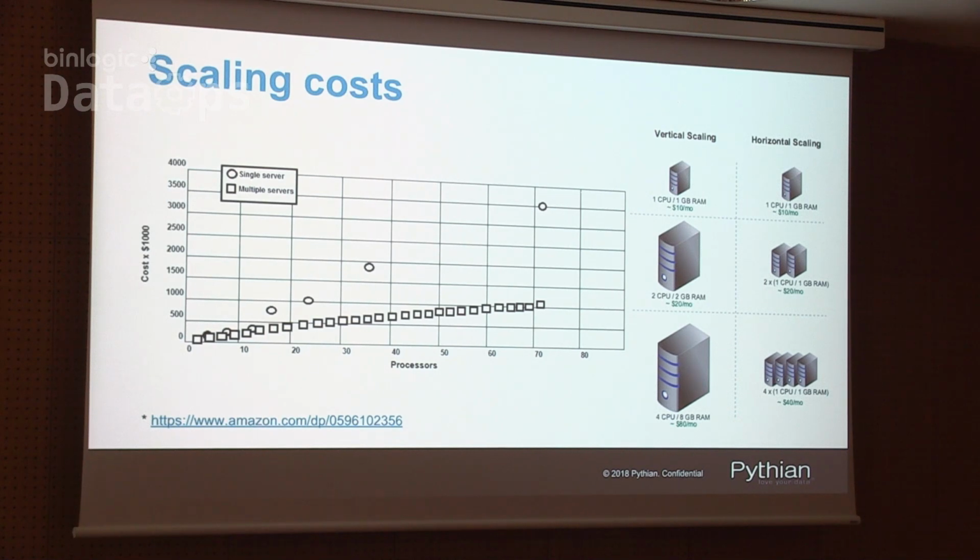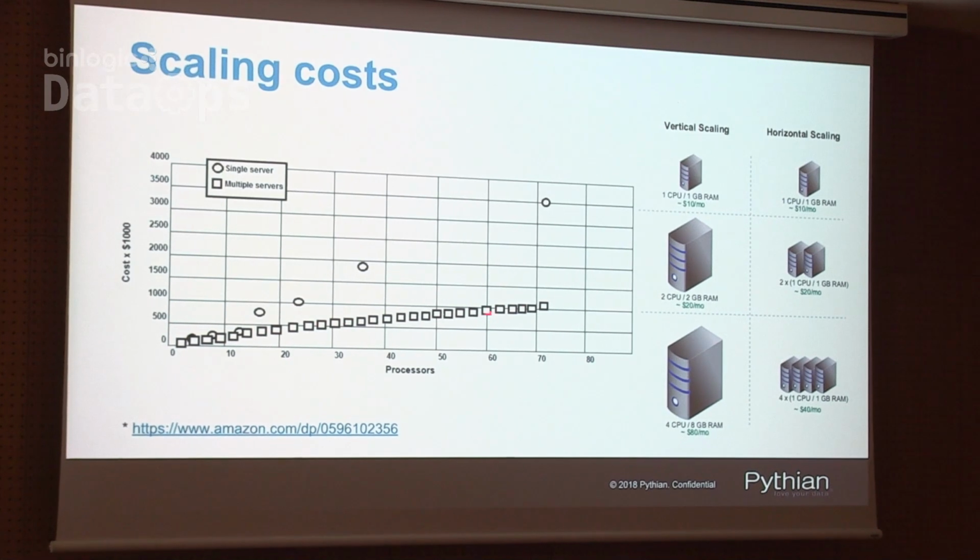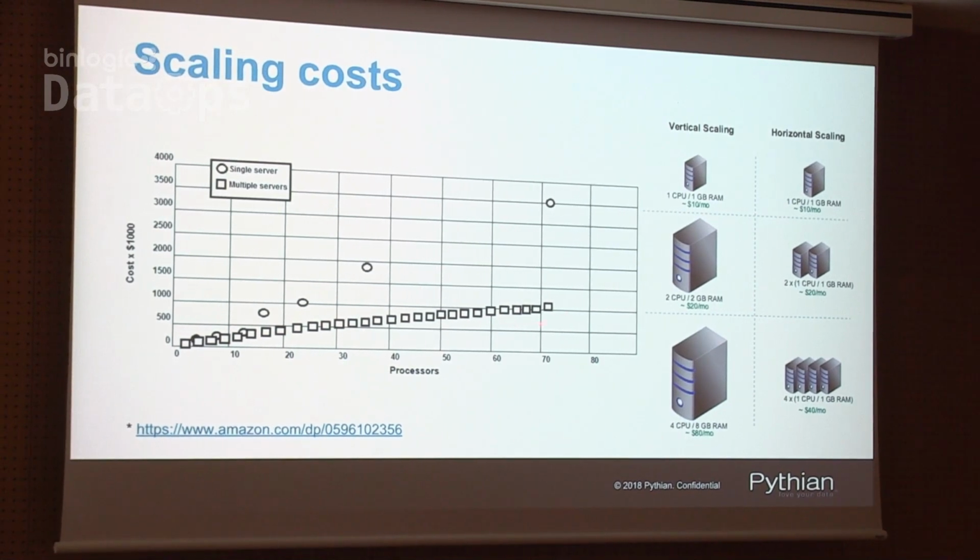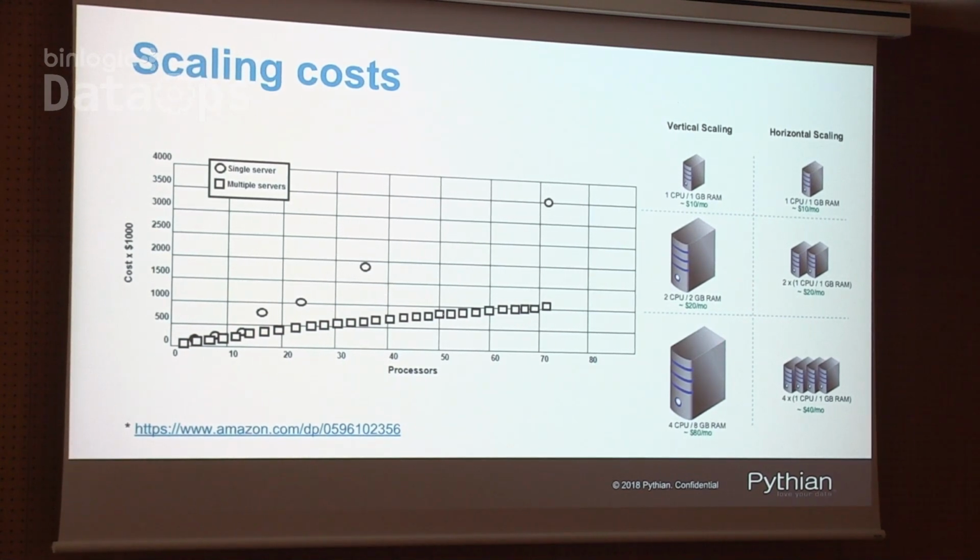Some notes about how much vertical compared to horizontal scaling costs. Horizontal scaling is a linear growth of the costs, but with vertical scaling, the amount of CPUs that you can reach with horizontal scaling is more than 2 times as expensive.